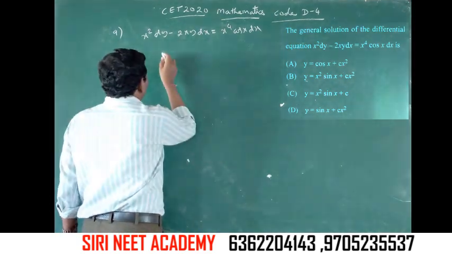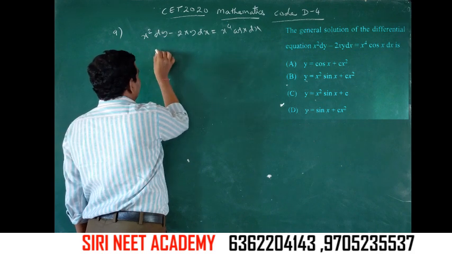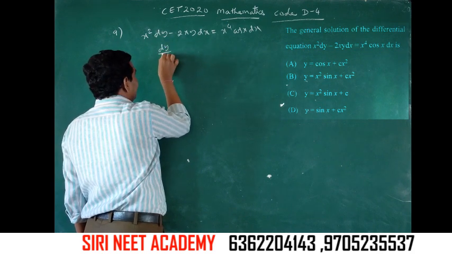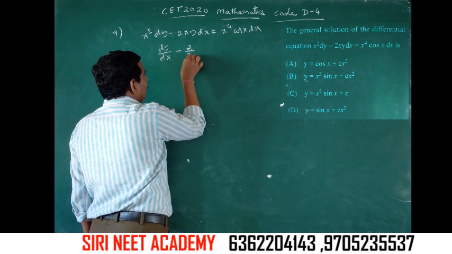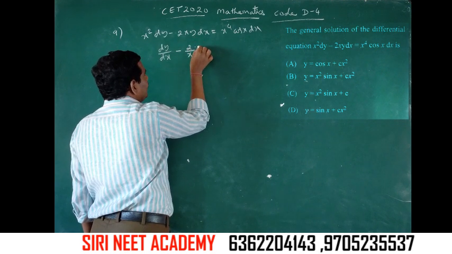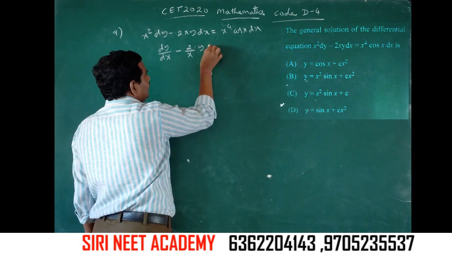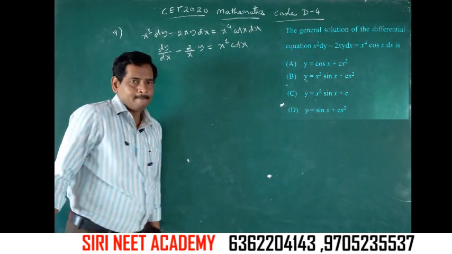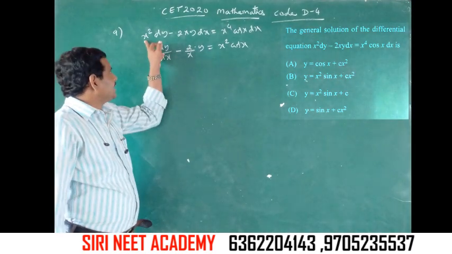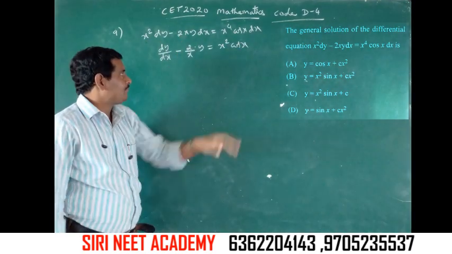So divide this one by x square into dx. So we will get dy by dx minus 2 by x into y, that is equal to x square cos x divided by x square dx.